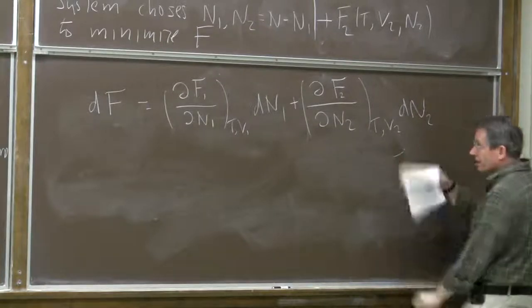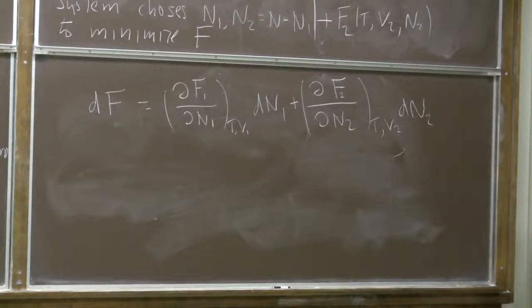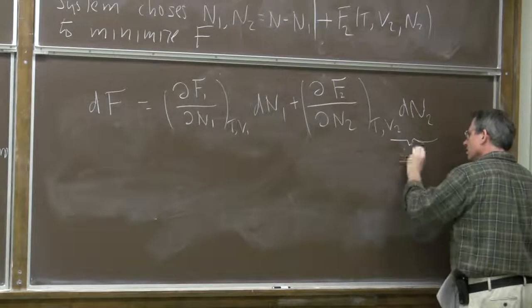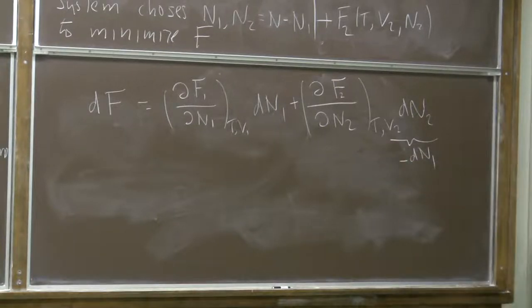That's the first order change in the Helmholtz free energy when the particle numbers change. But because the total number of particles is conserved, dN2 is minus dN1.